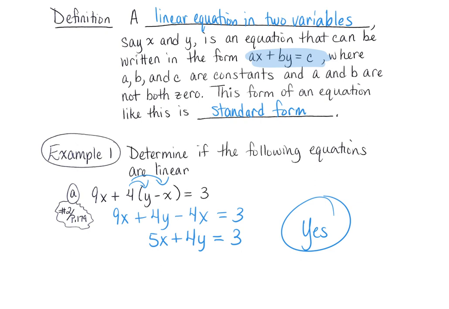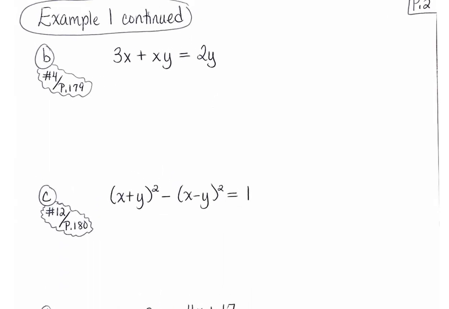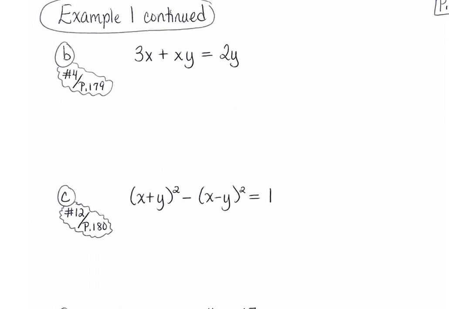So we're determining if the following equations are linear. That's what we're doing. So let's look at part B. We have 3x plus x times y equals 2y. Is that linear? No, because you see a combination. Absolutely correct.